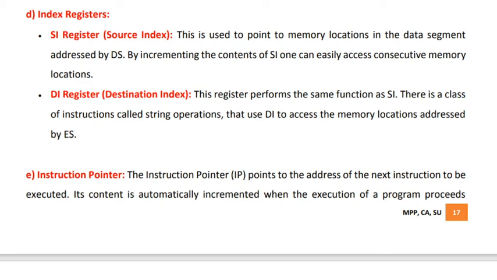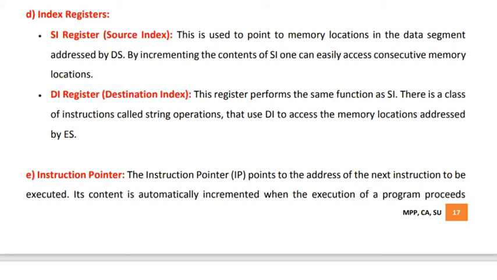This implies that SI can be used in order to access the content of an array. Likewise, DI stands for destination index register. The destination index register performs the same function as the source index register.